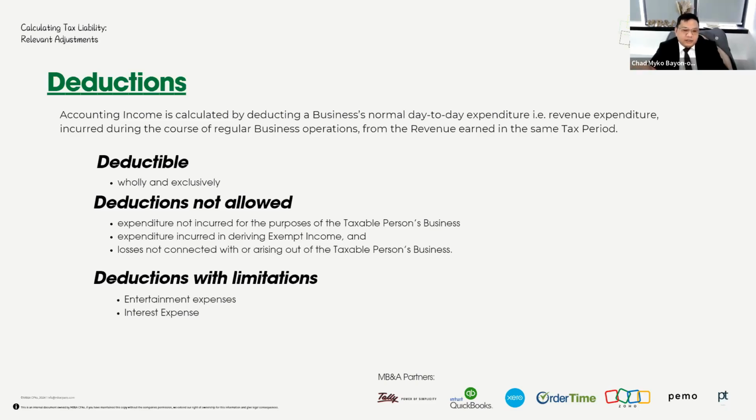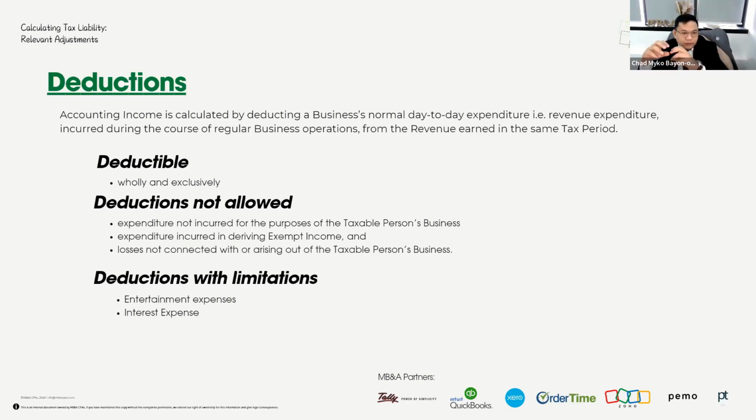So in this case, if that certain personal purpose is not related to the business, meaning it is not part of the agreements that has been made for the managing director, that will make the travel expenses not wholly and exclusively used for the business. So in this case, the proportionate share of that certain expense will be adjusted.